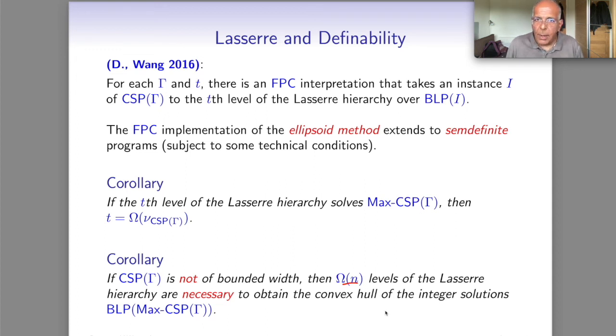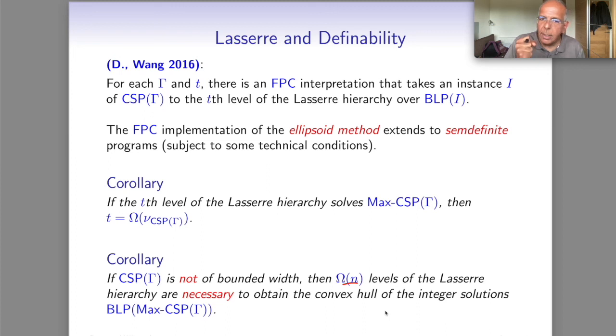Okay, that's sort of the first application. I guess what I wanted to stress is that the Lasserre hierarchy of semi-definite programs is a widely used method for solving constraint optimization problems.